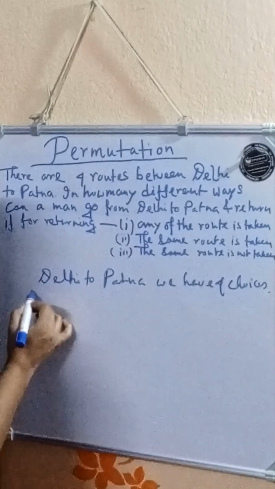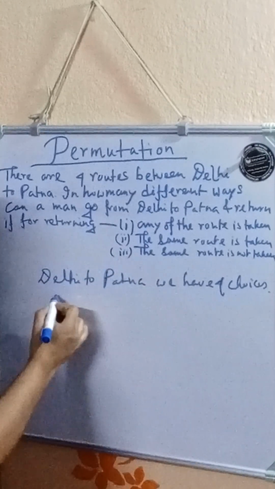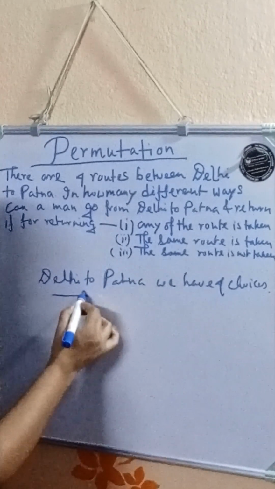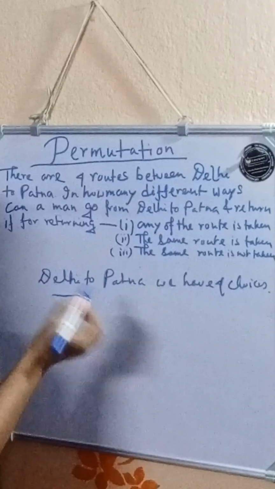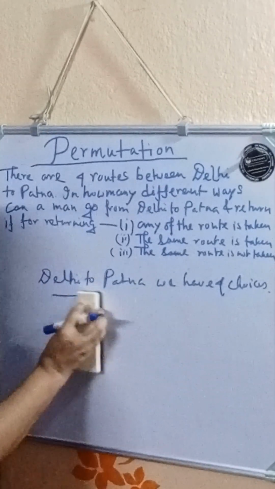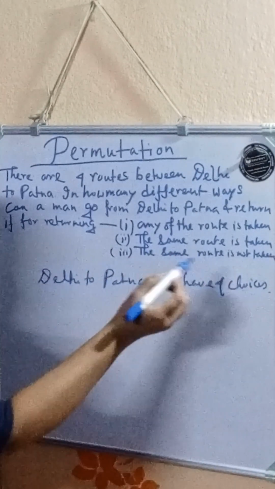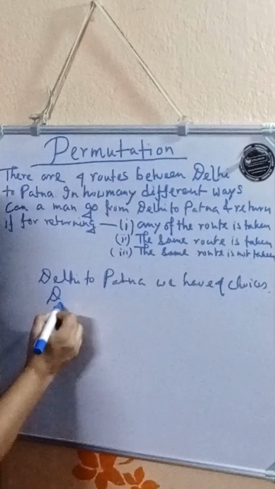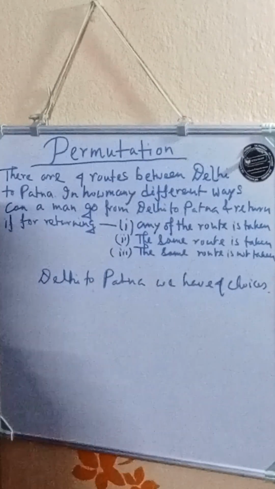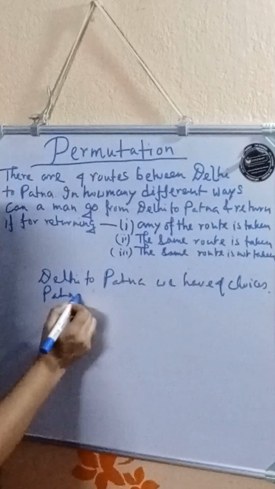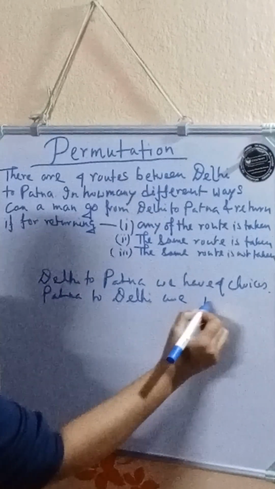Means when we go from Delhi to Patna, we have 4 choices, but when I return, I have to return choosing only that route. Therefore, there is only one choice for returning from Patna to Delhi.